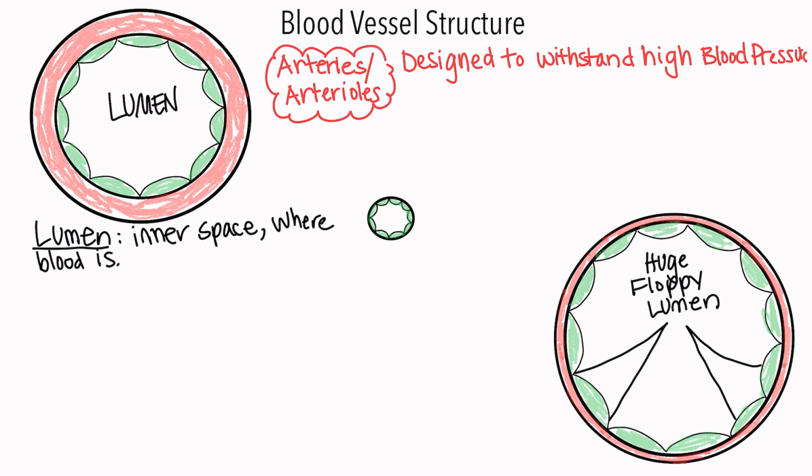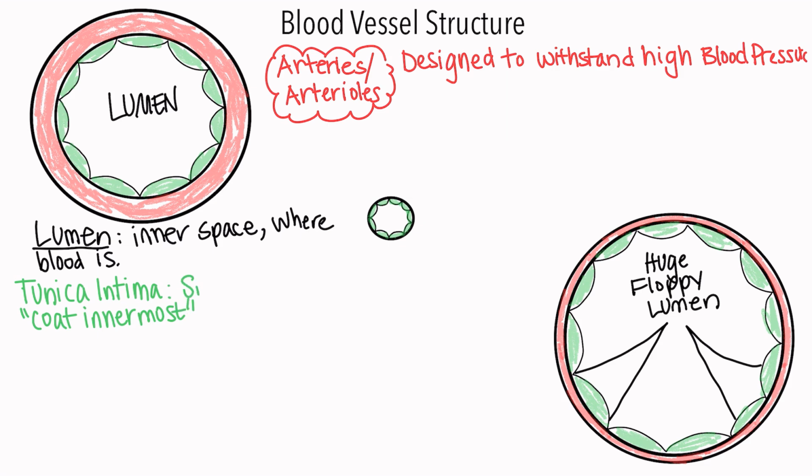I'm going to use a green pen for the tunica intima, so that's the one we colored in green. This literally means inner coat, or coat innermost, like a tunic, right?